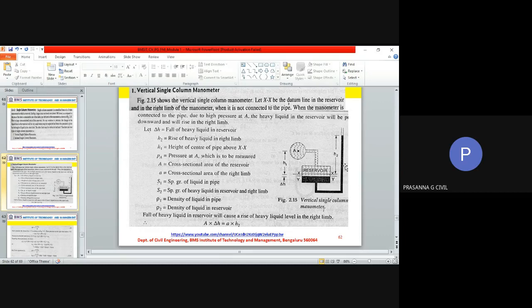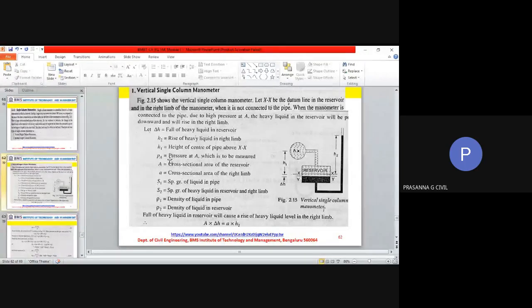Another new term compared to your U-tube is delta H, which is the drop in the heavy fluid in the reservoir. The other two terms are the area of the reservoir, capital A, and the area of the thin vertical pipe, small a.